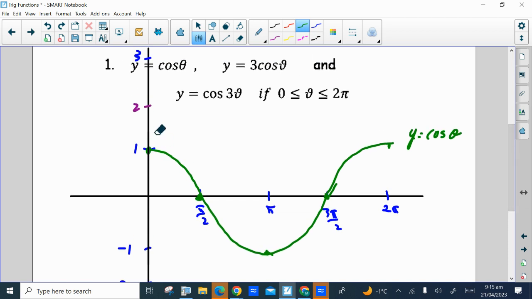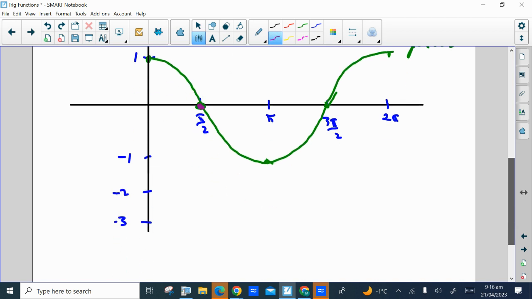And instead of starting at 0, 1, it's going to start at 0, +3. Your critical points are still every pi on 2. There's been no change horizontally. The change is vertical. All the y values are multiplied by 3.